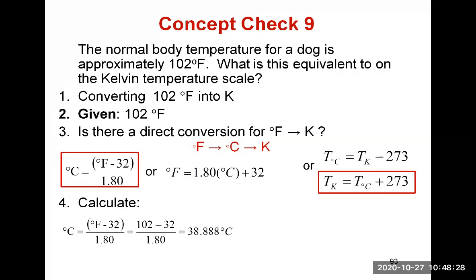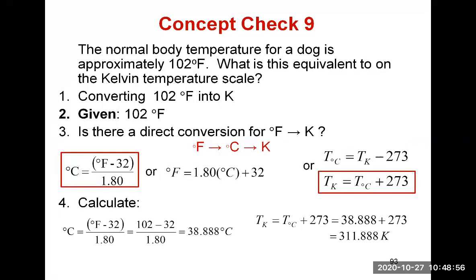This is an intermediate answer, so we do not round. Next, you want to calculate the kelvins from that. And so you take your degrees Celsius and you add 273. So 38.888 plus 273, the calculator answer is 311.888 kelvins.